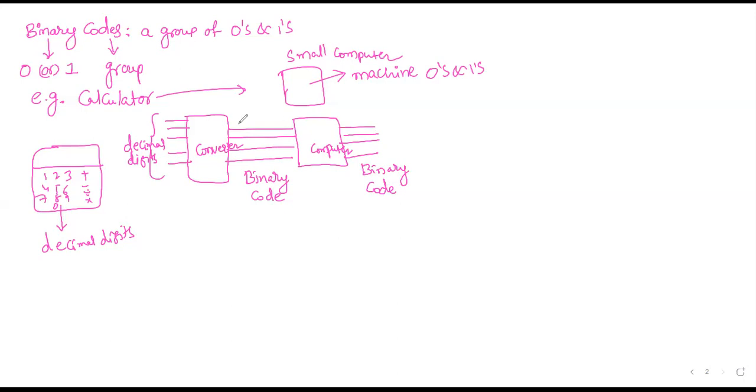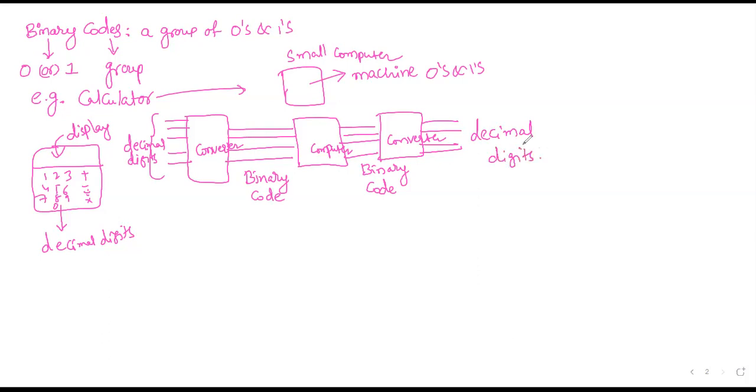And on the display, we observe only decimal digits. We do not see the zeros and ones on the display. So again, we need one converter. This converter will convert binary code into our decimal digits, which appear on the display.